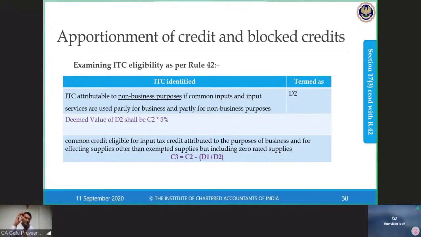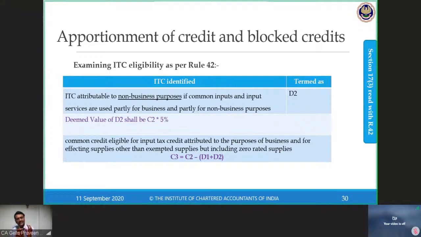This is applicable where ITC is attributable to non-business purpose. If I have some common credits which are not identified at the bill accounting stage, this rule says to calculate D2, which is 5% of my C2. What is C2? Common credits. Whatever common credits there are, 5% I presume to be ineligible.